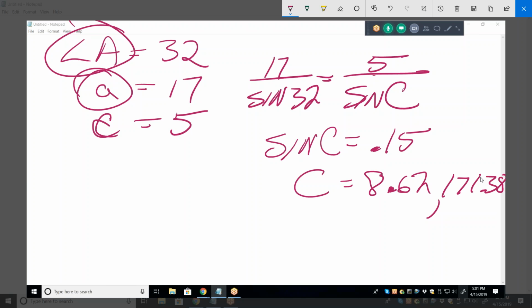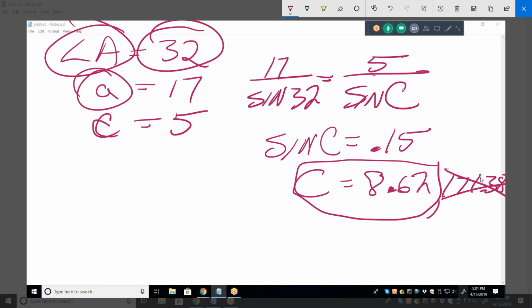Angle A. That's the only one we know for sure is in the triangle. Can you have a 32-degree angle and a 171-degree angle? No. That one can't be. So we only have this solution right there.